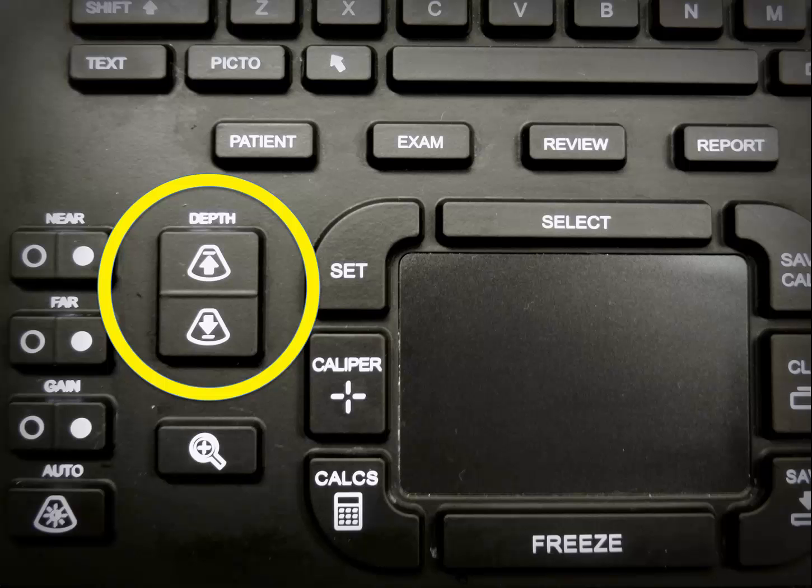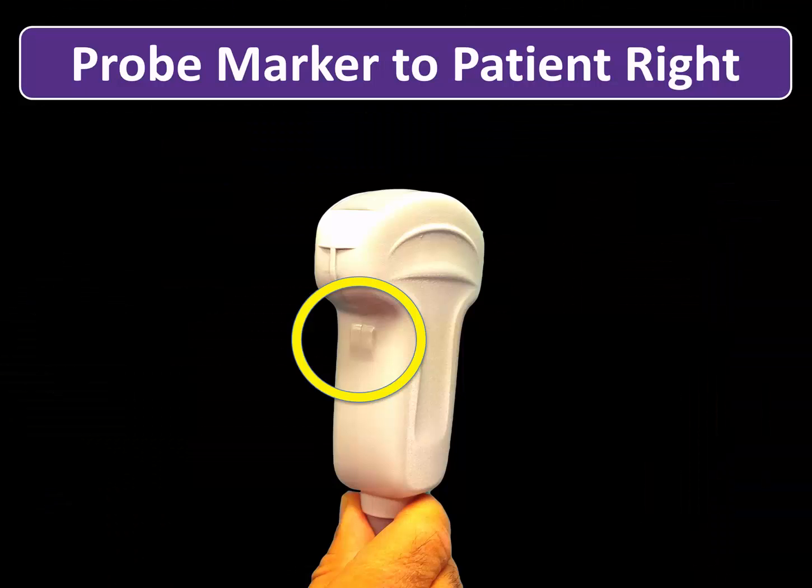We want to see the whole structure on the screen initially, and then we can decrease the depth to achieve greater magnification. The probe is oriented so that the marker shown here is on the right of the patient's body. This will become clearer as we show you examples of scanning technique.